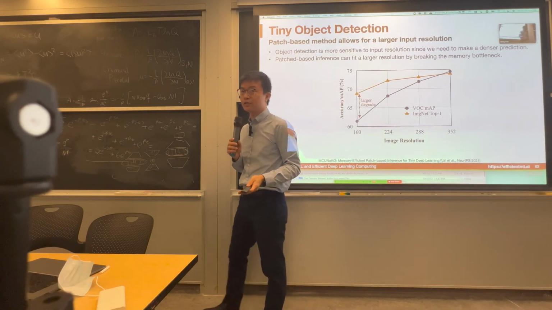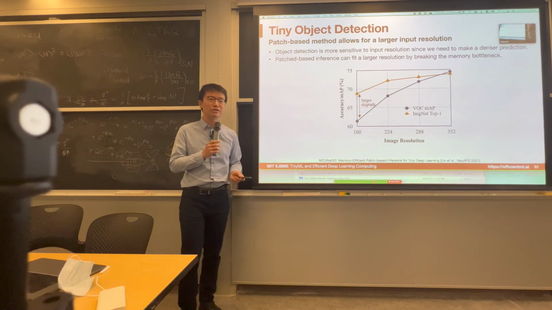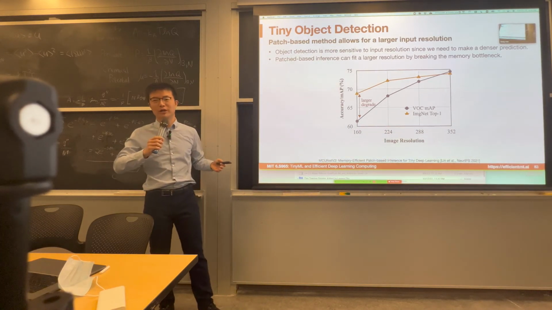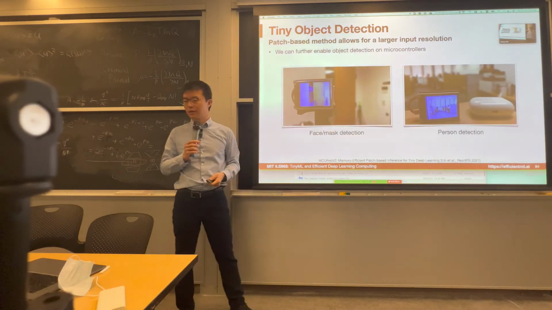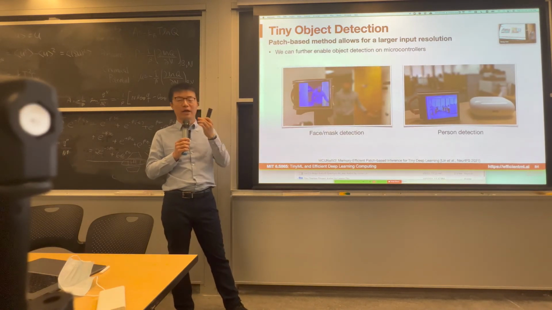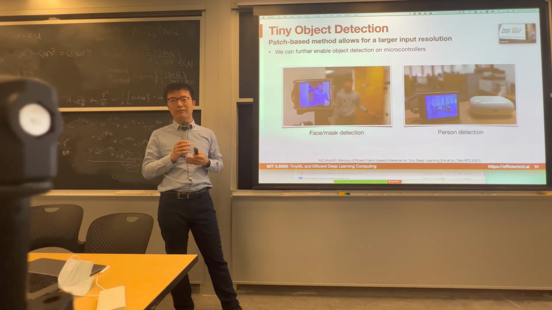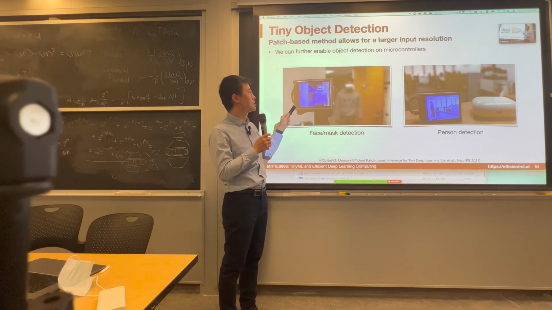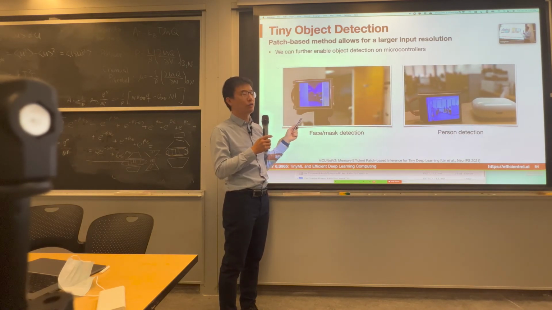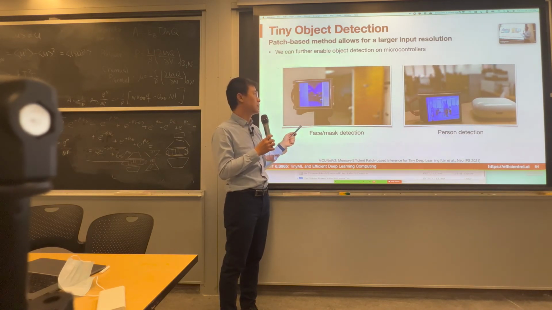But it's not a free lunch, right? Large resolution means you have a larger peak memory, which is limited on microcontrollers. That's why we need techniques like MCUNet to reduce the peak memory so that we can enable this detection to draw these bounding boxes locally on these microcontrollers, right?